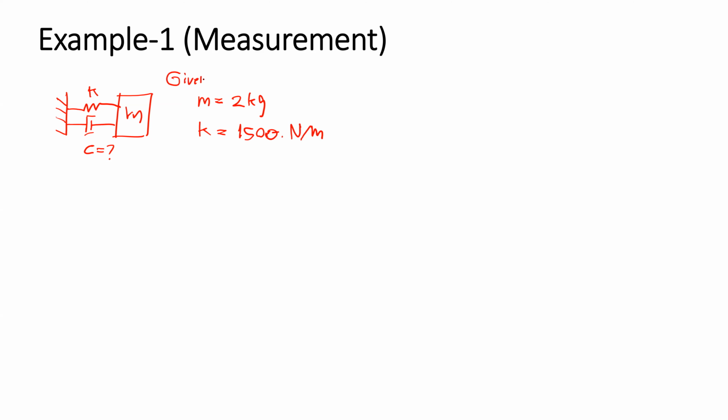We have a system. As I mentioned, we can know K and know M. We can measure K and measure M, but C is not easy to find. What if the mass equals 2 kilograms and the spring constant is 1,500 Newton per meter? The problem gives this.